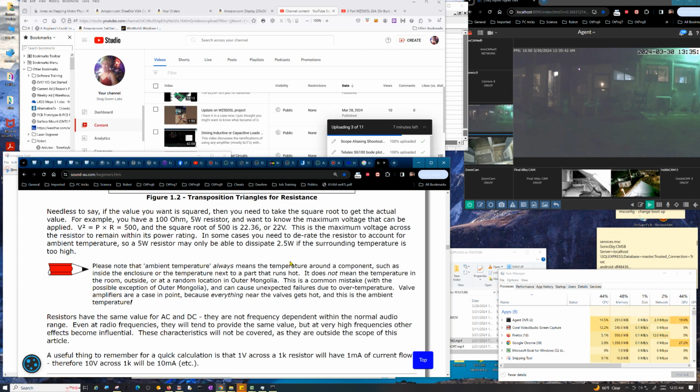Because we all know heat rises, right? So you would not really want to take the temperature on top of the component or near the component on top, because that's not the cooling air. That's the heated air that's rising from the component.